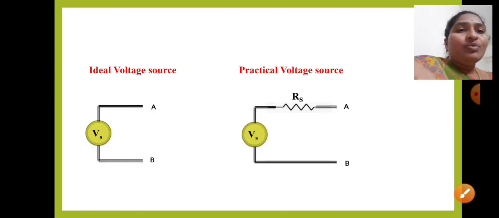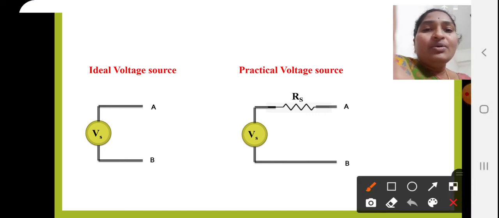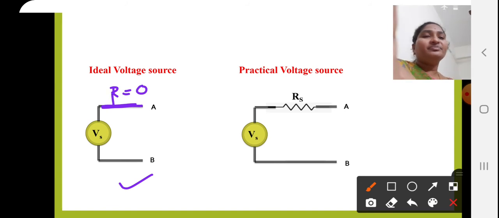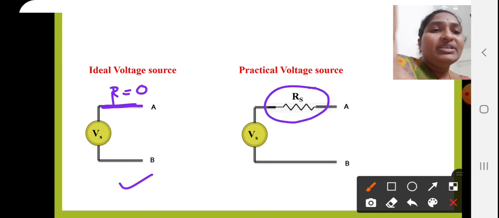Let us see what these voltage sources are. An ideal voltage source is a voltage source whose magnitude is fixed, and its internal resistance is represented as a short circuit, meaning the internal resistance is 0. In a practical voltage source, the internal resistance is represented in series with the ideal voltage source.